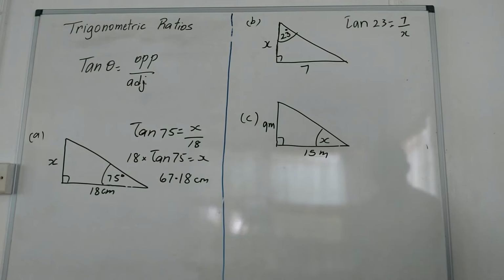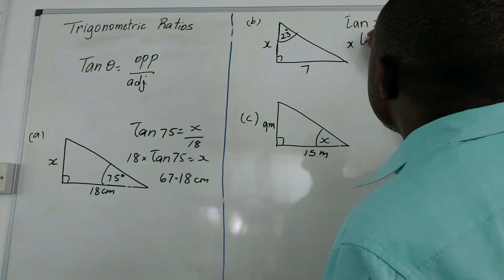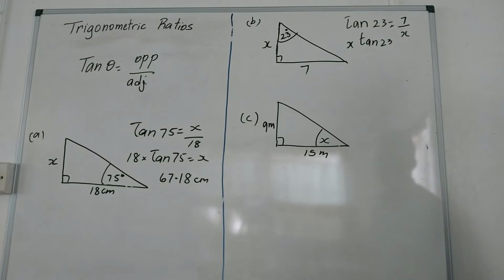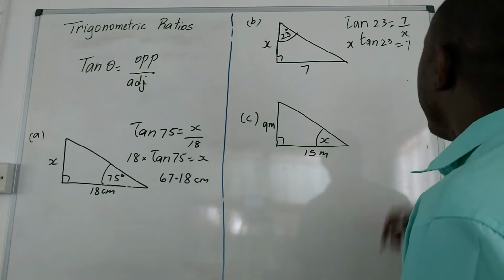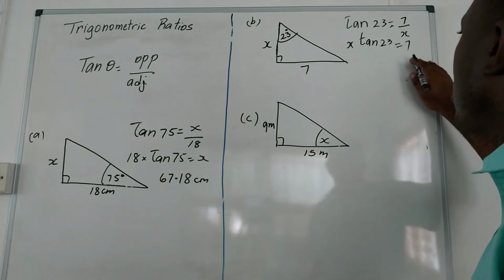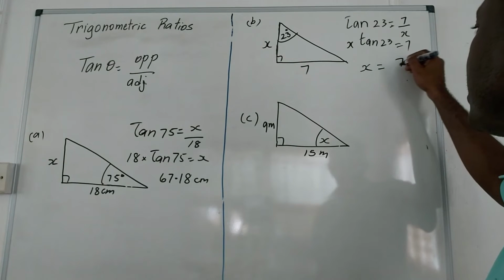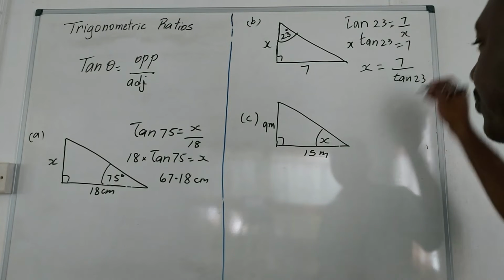So now to calculate the value for x, we take over our x: x times tan 23 is equal to 7. So to find what x is equal to, we have to take over the tan 23 and divide. So x is equal to 7 divided by tan 23.